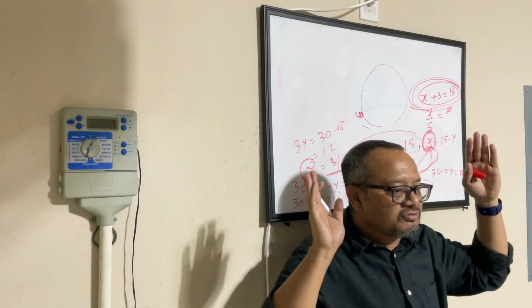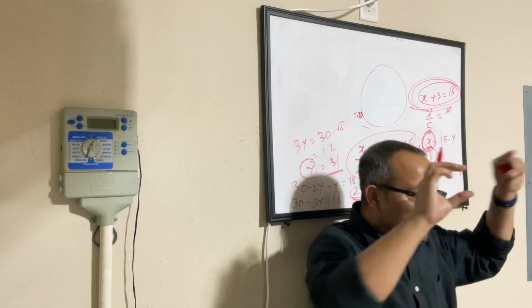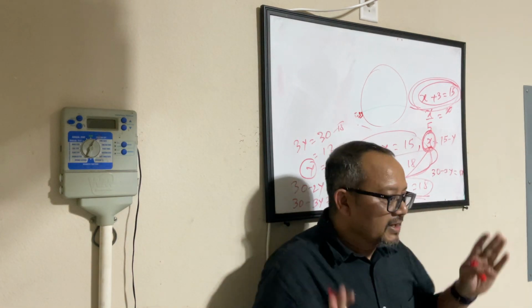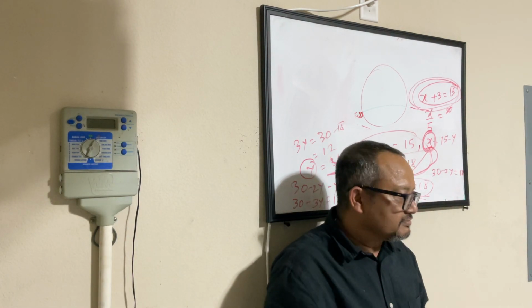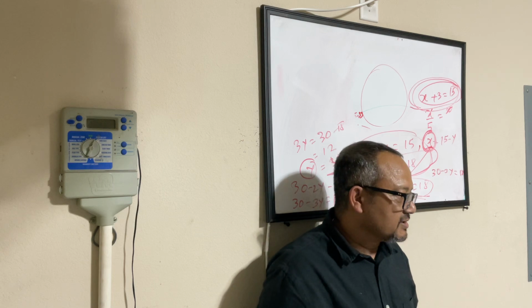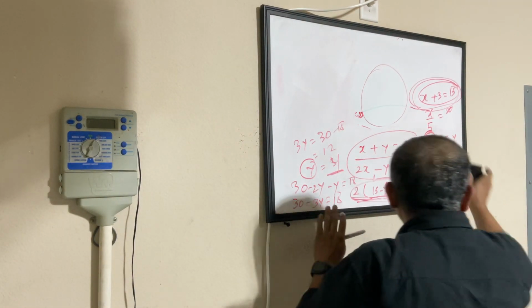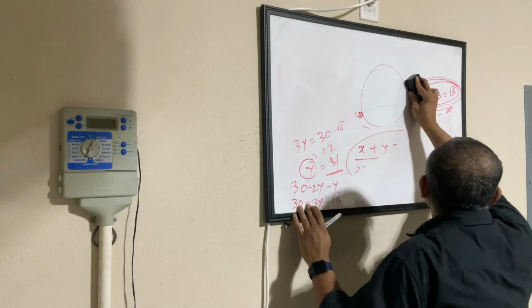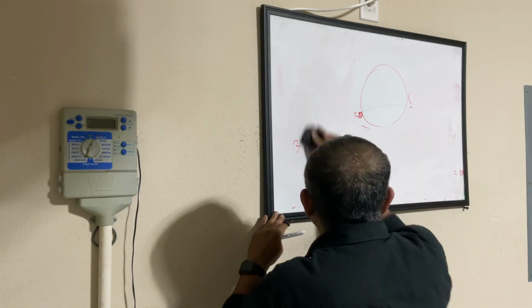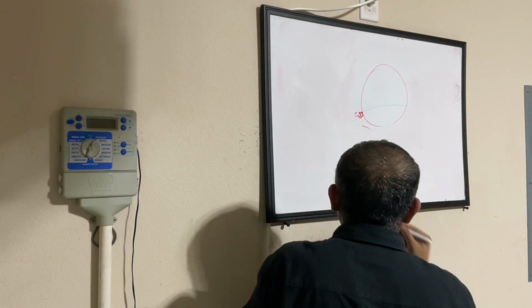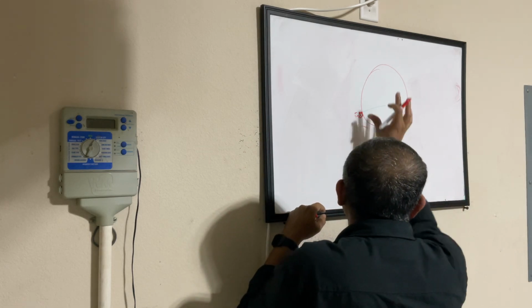I want to get to a situation where I have one equation with one variable. Once we get to that state, life is easy. So whatever I mentioned so far, isolation, substitution, desired state, now I want you guys to look at one problem. I will not complicate this.